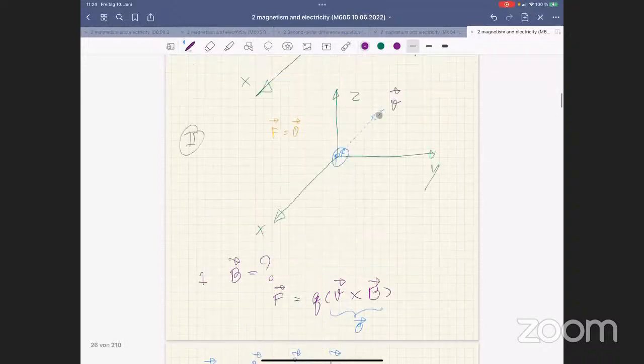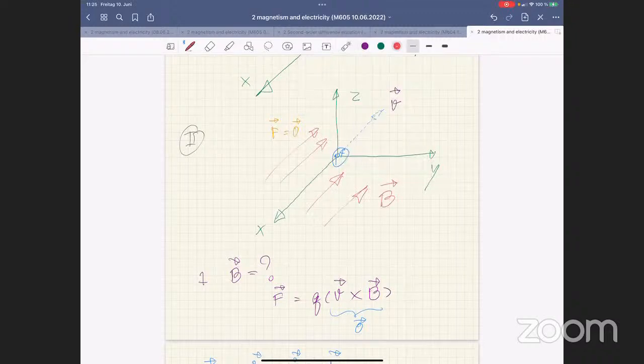We have V in this direction. The magnetic field, the magnetic flux density, should also be directed in the same way as the vector V. So our vector B should be also in this way. The flux density should be in this direction.